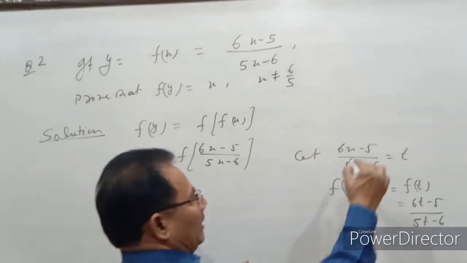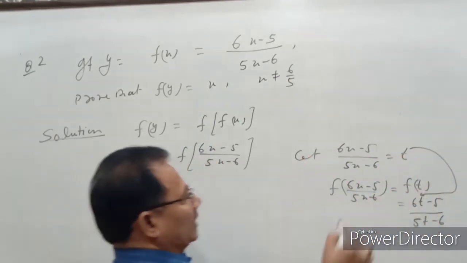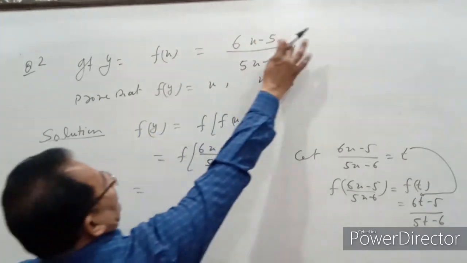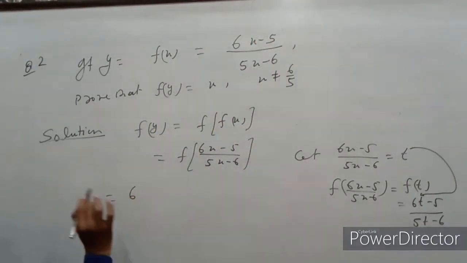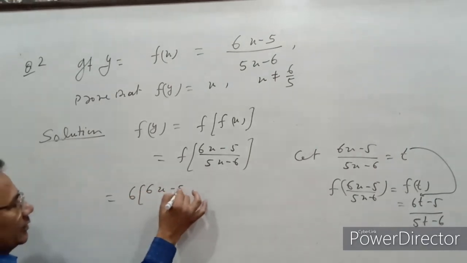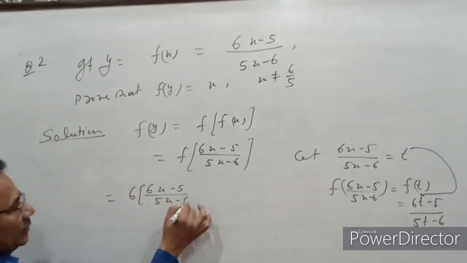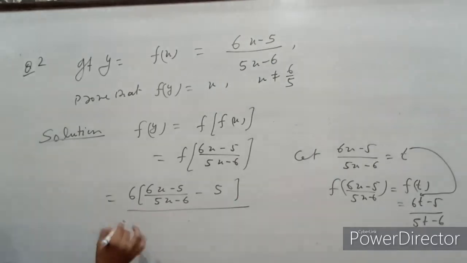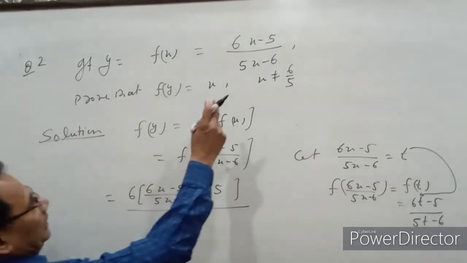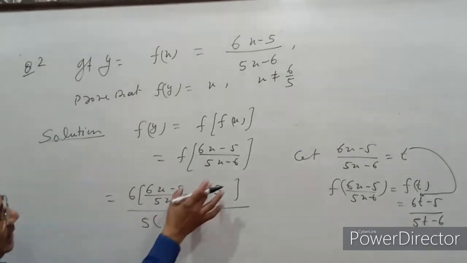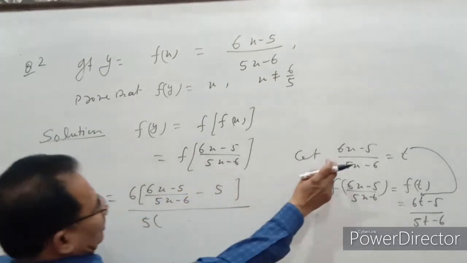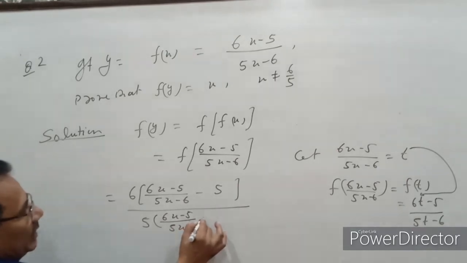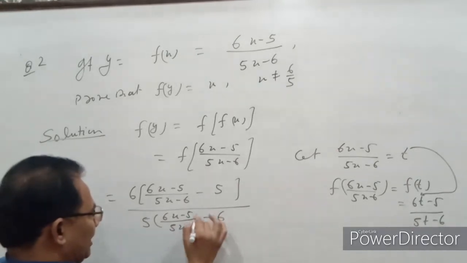Now replace the value of t back here. So this is equal to 6 into (6x minus 5) upon (5x minus 6), minus 5, upon 5 into (6x minus 5) upon (5x minus 6), minus 6.